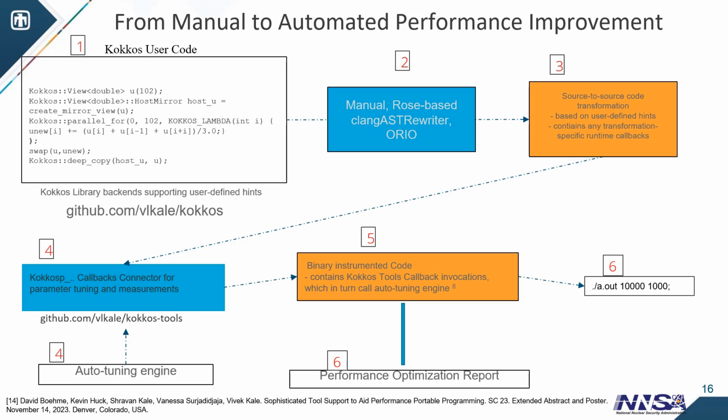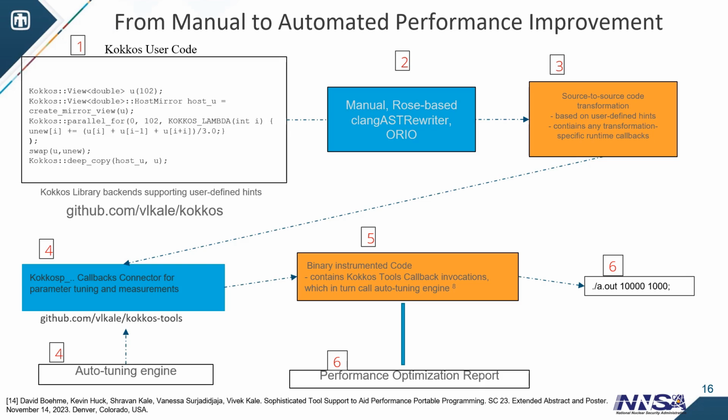So Kokkos is a performance portable programming model which has multiple backends, and OpenMP is one of them. OpenMP is the most commonly used CPU backend, and Kokkos can be thought of as an application or user of OpenMP. Kokkos Tools provides binary instrumentation and callbacks for each Kokkos library function or region.